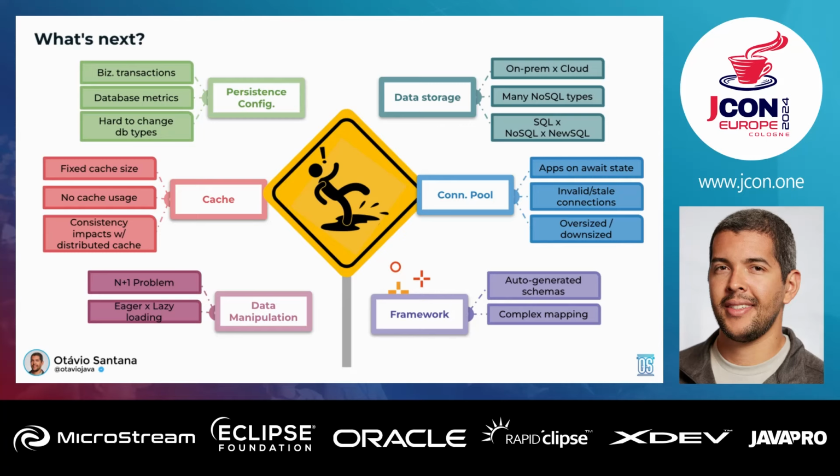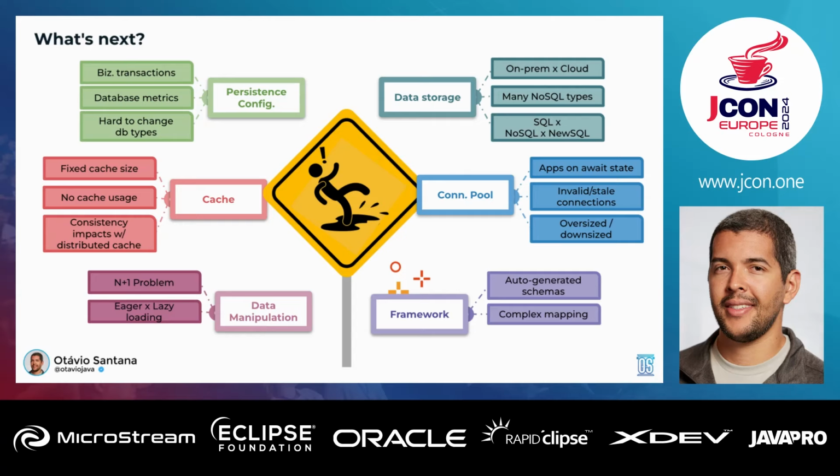There is a huge amount of information that I cannot cover here, like how to handle transactions, linked transactions, metrics, configurations, how to handle legacy modernization, fixed cache size, data grids, the classic N+1 problem, right? I mean, who doesn't face it?